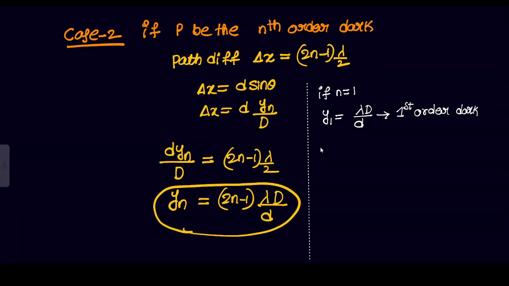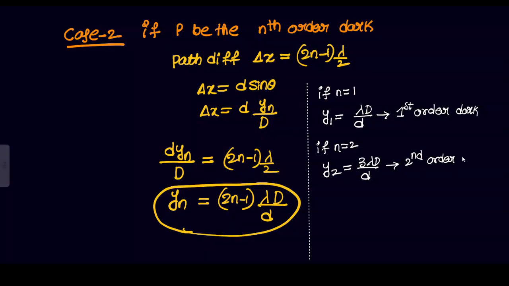Next, if n value is 2, then y2 is (4 minus 1), that is 3, lambda capital D by 2d. This is called the second order dark. Like this, we can find out.